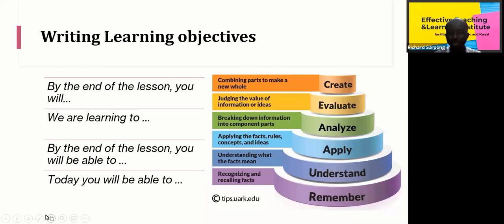Or you can say that today, by the end of the lesson, you'll be able to, or you will. So these are ways by which we write the learning intention or the learning objectives. So these expressions plus Bloom's taxonomy, which defines what they'll be learning, knowing, understanding, and doing, plus the content that they are going to deal with, which could be verbs, adjectives, number sense, additions, subtractions, differentiation, integration.